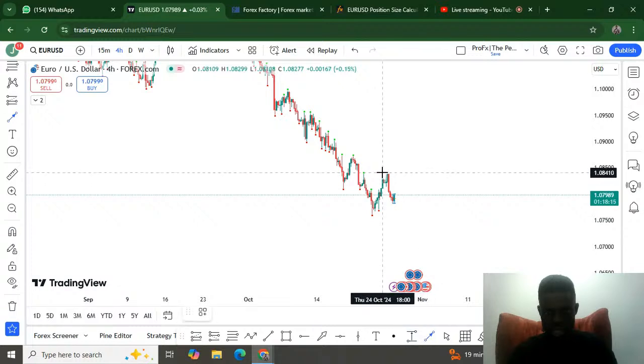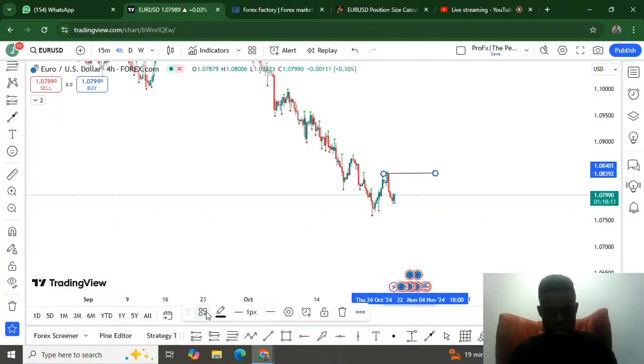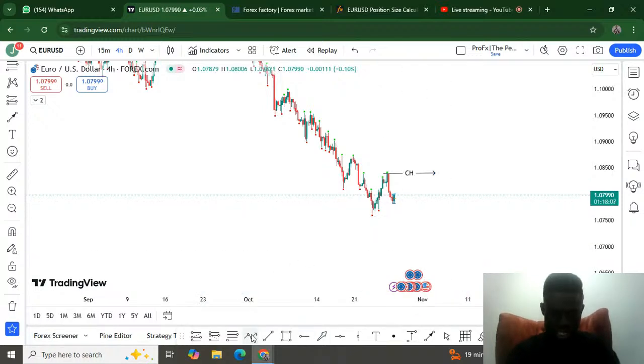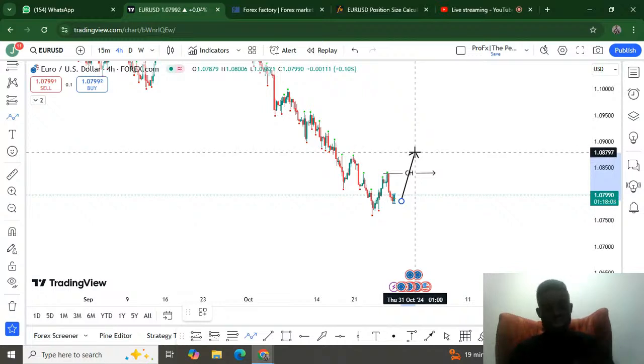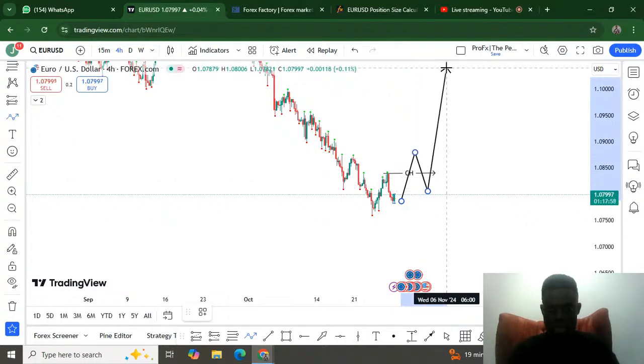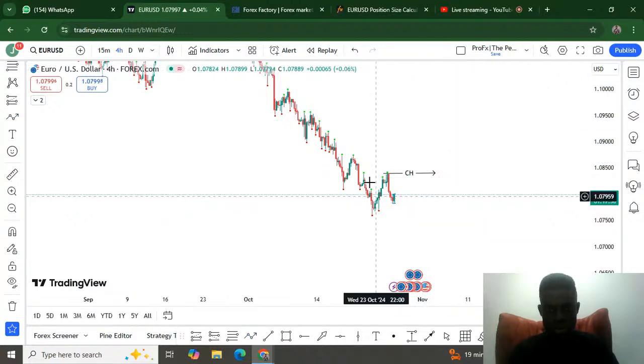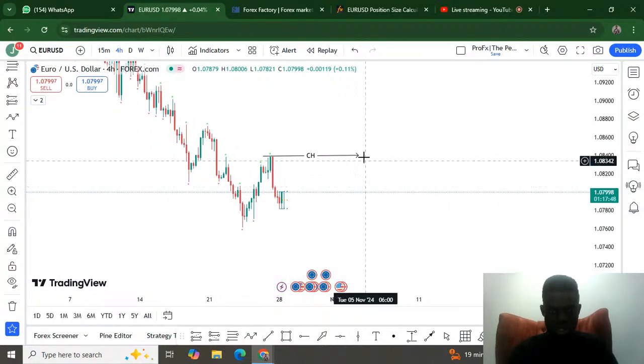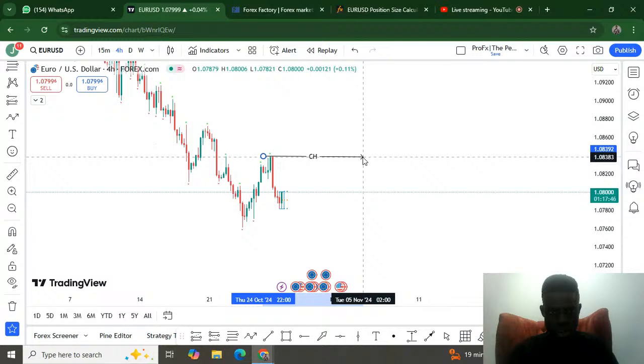This place, guys, here. That is where I'm expecting a change of trend. If I see this taken out, it's a break of structure to the upside. That's a change of trend. Then wait for a retracement and we buy. But until that happens, the structure is still bearish.